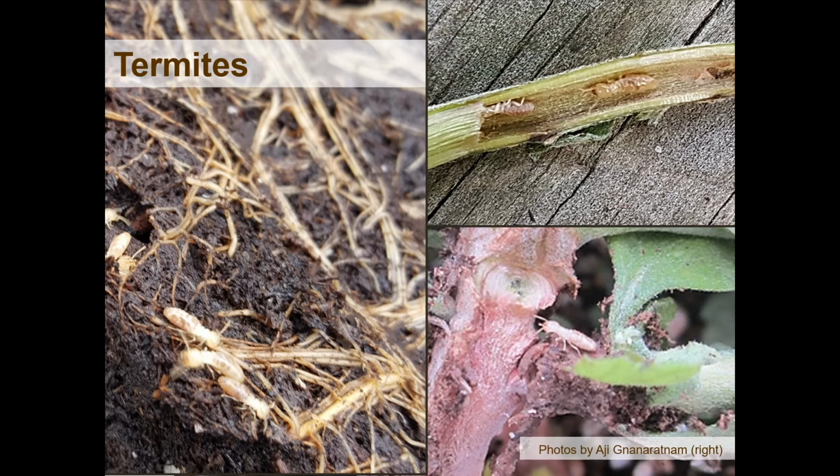Sometimes you may find loose leaves lying on the tops of the pots. And if you cut the stems, you may find their little track in the center of your stem, where they're crawling through it. So termites are a big problem for the plant health, obviously.